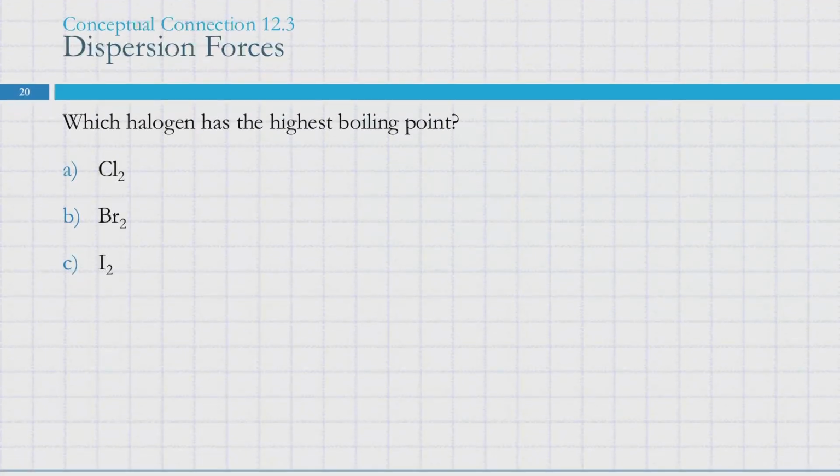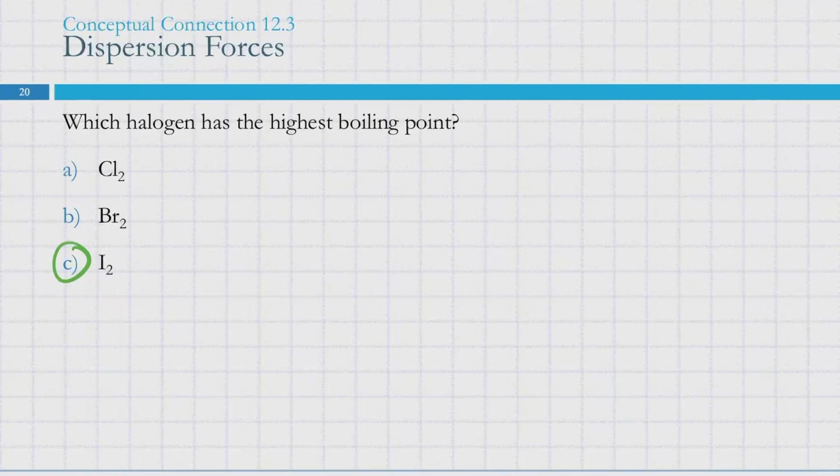Okay, trying to apply those same ideas, which of these halogens would we expect to have the highest boiling point? Yes, it's iodine.